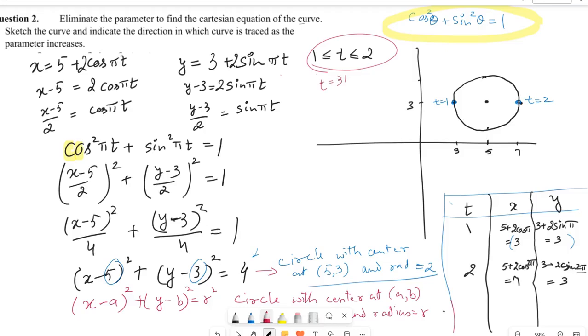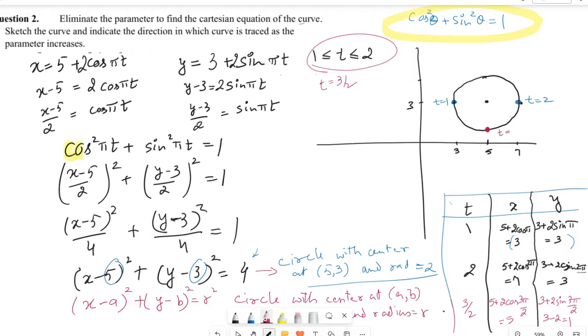t can be taken as 3 by 2. 3 by 2 is in between. Let's find the x value here: 5 plus 2 cosine 3 pi by 2. Cosine 3 pi by 2 is 0, so that's going to be 5. When I put it in the y value, 3 plus 2 sine 3 pi by 2. Sine 3 pi by 2 is -1. So 3 minus 2 is 1. So 5, 1. The point would be here.